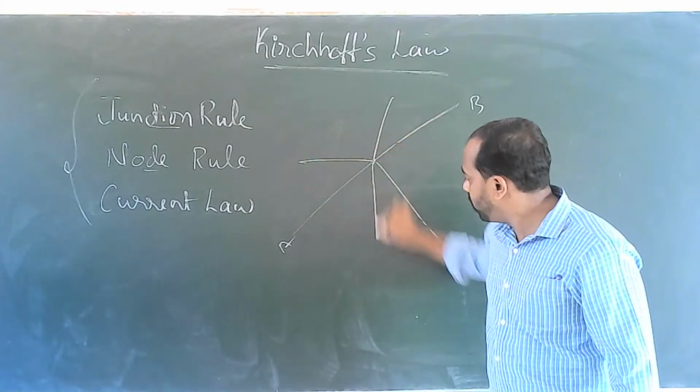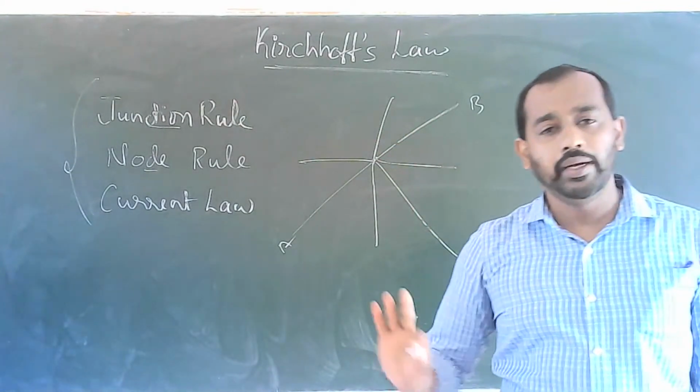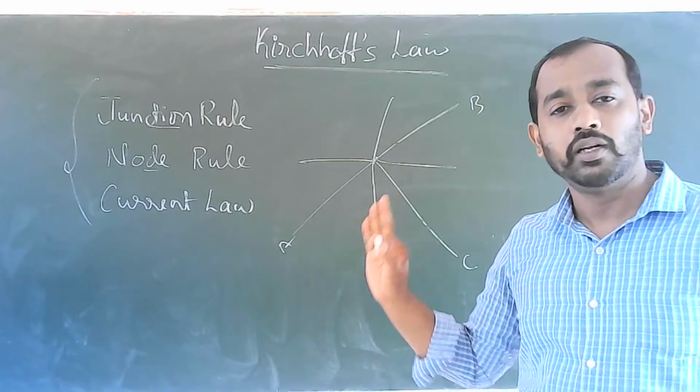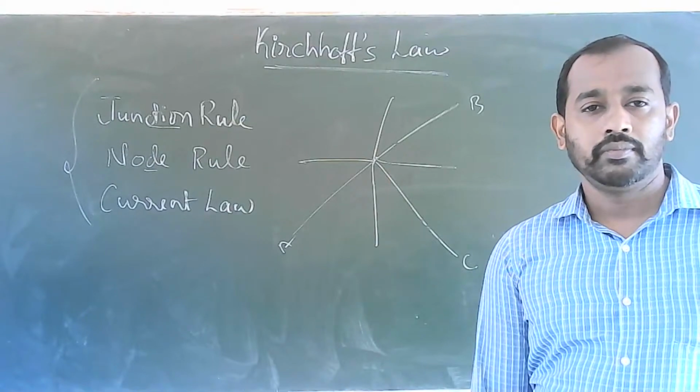Similarly, if there are more paths meeting at the same point, that will be known as a junction or the node. That is the general meaning of node or junction.